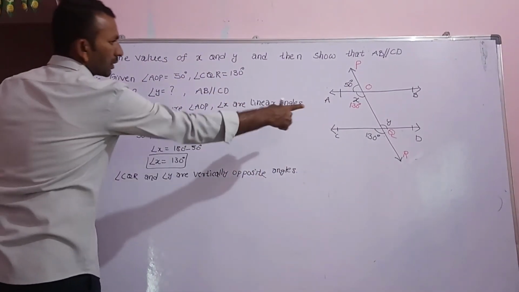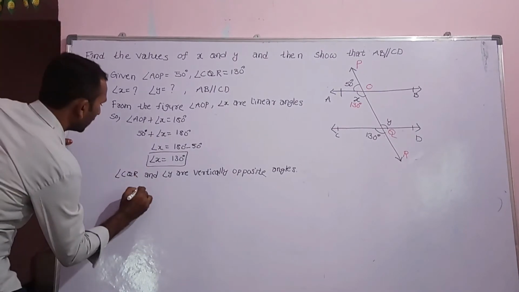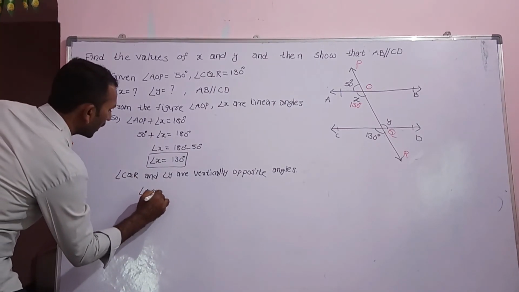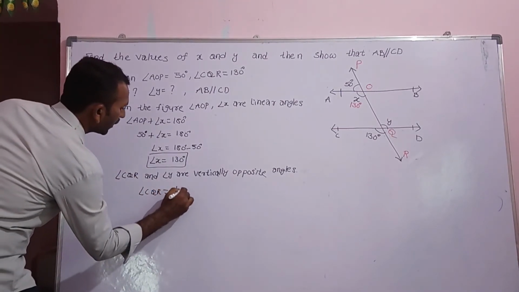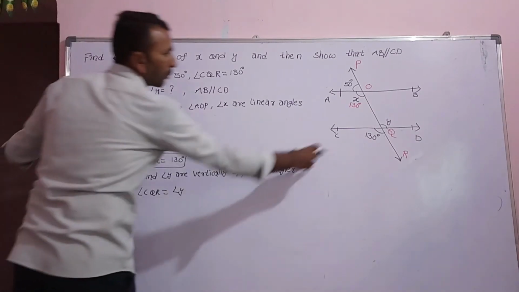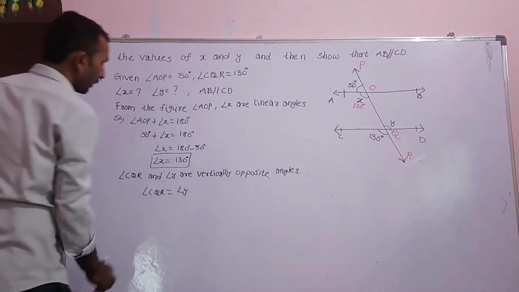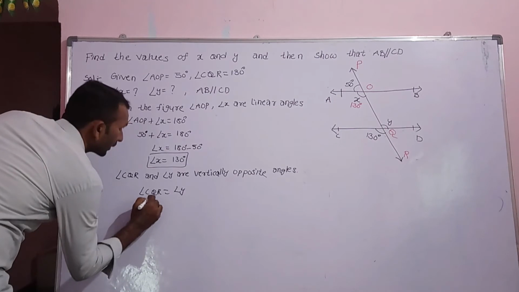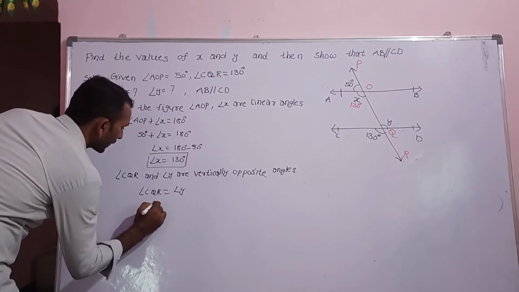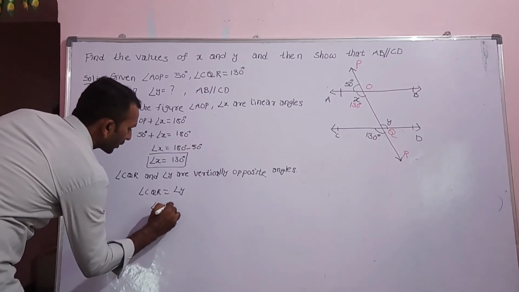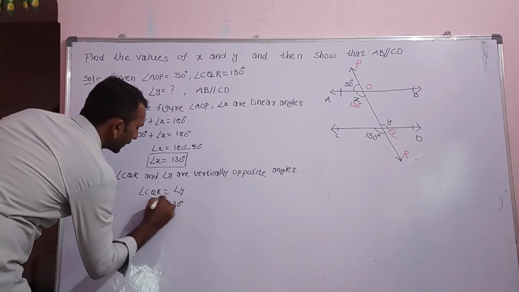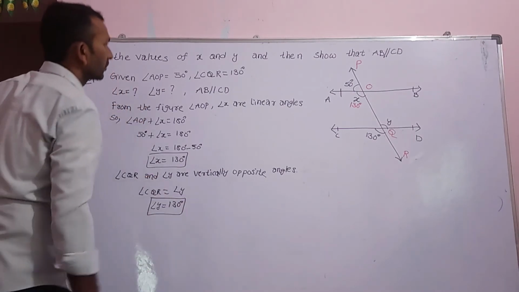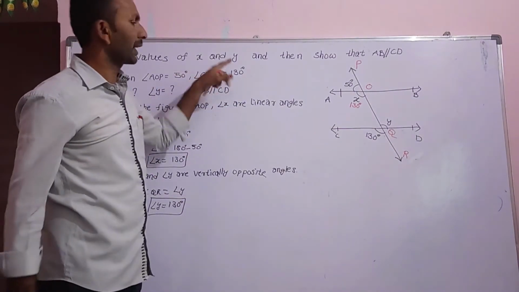So angle CQR equals angle y. Vertically opposite angles are always equal, and angle CQR is 130 degrees. So angle y equals 130 degrees.